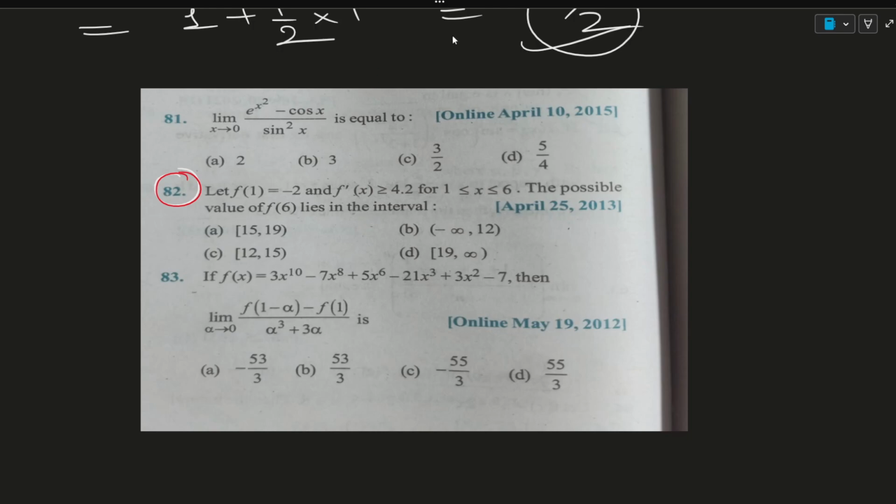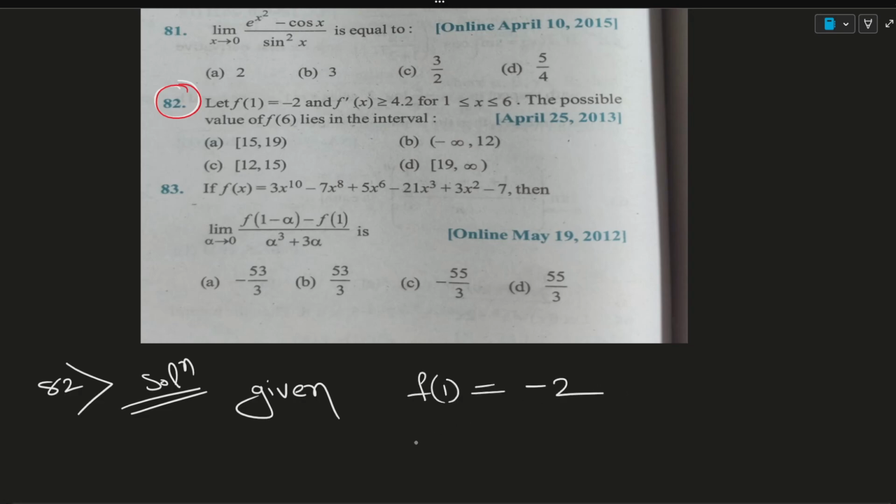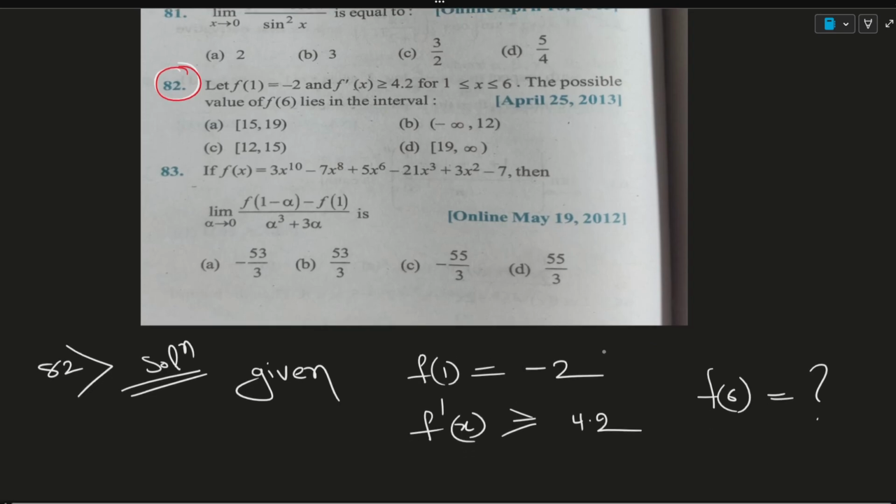So the given data is, question 82. What is given to us? F of 1 is -2, f dash x is greater than or equal to 4.2. Then the question is, what will be the value of f of 6? So what we will do? Let us see.